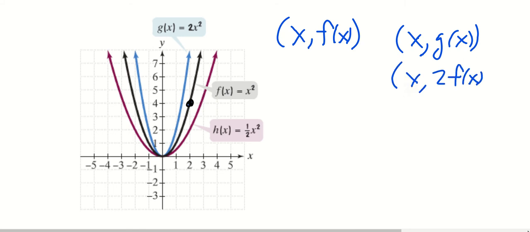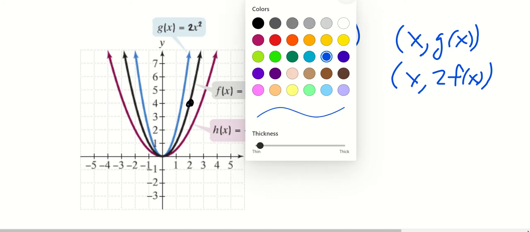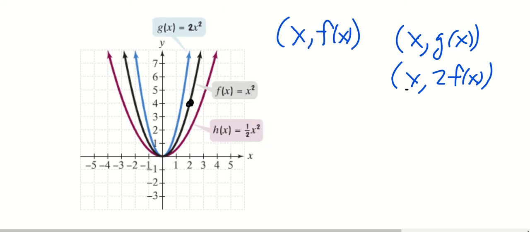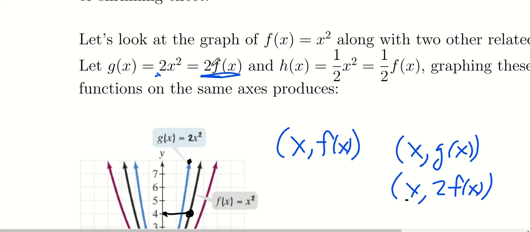So the corresponding point on the graph of g for the same x value will have a height that's twice as much. If we take 4 and double it, that gives us the point (2, 8). Overall, for any x value, the point on the blue curve will have exactly twice the height of the point on the black curve. And so we would say that that's a vertical stretch by a factor of 2.